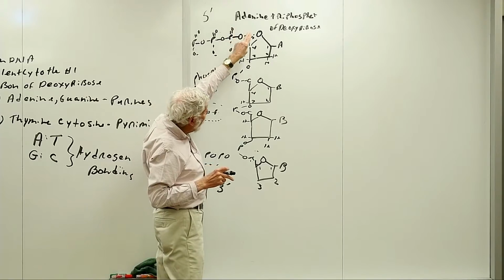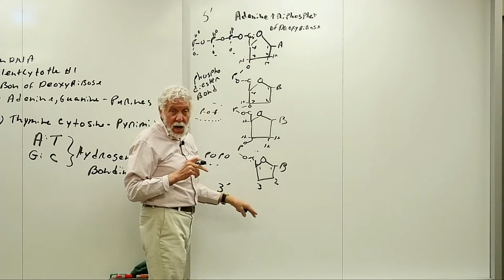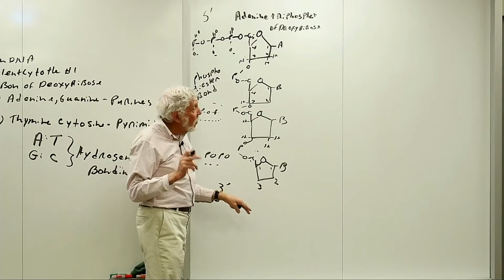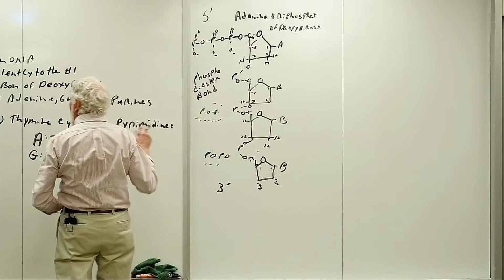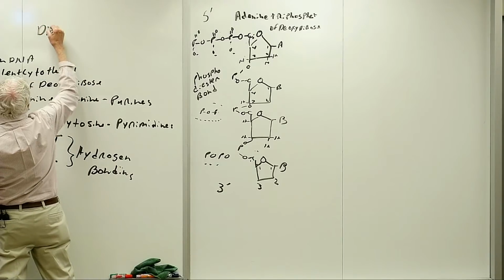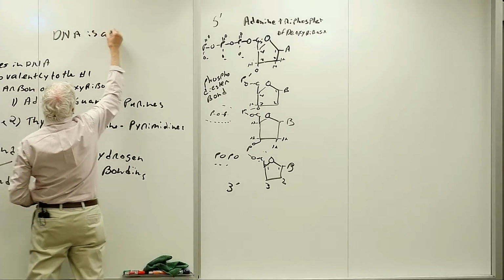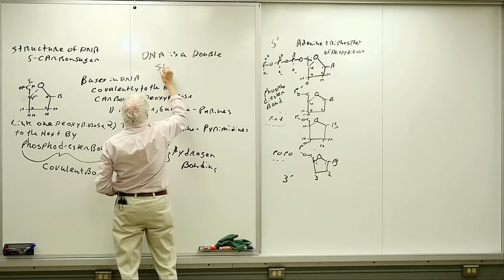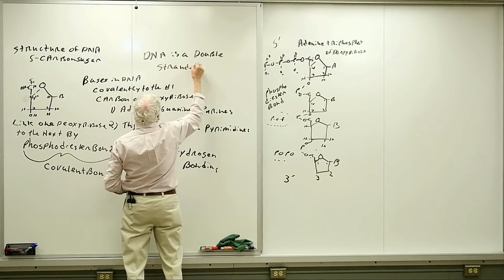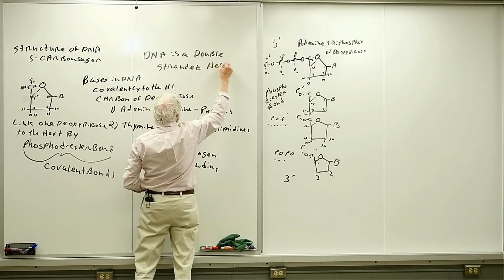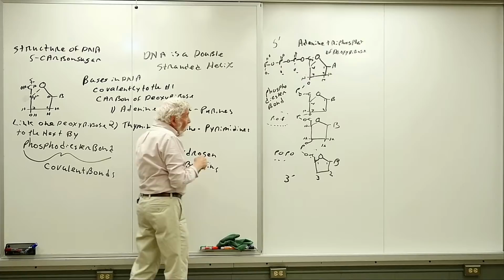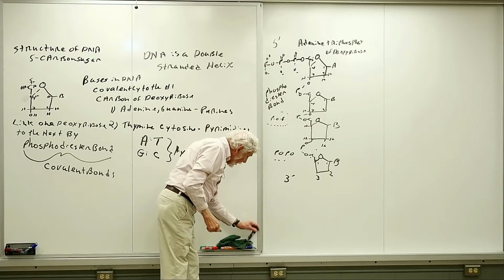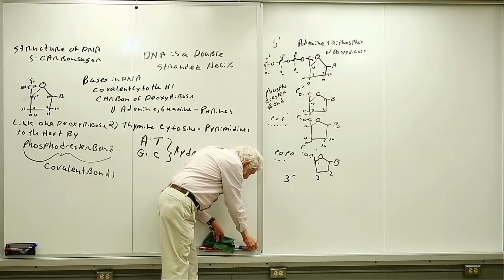What we've done so far is just lay out one strand. But remember, one of the characteristics of DNA is that DNA is a double-stranded helix. Well, that tells us that we need to put another strand in here.